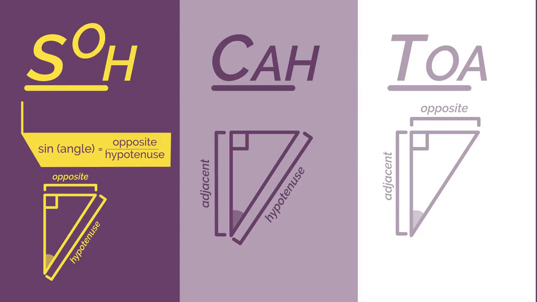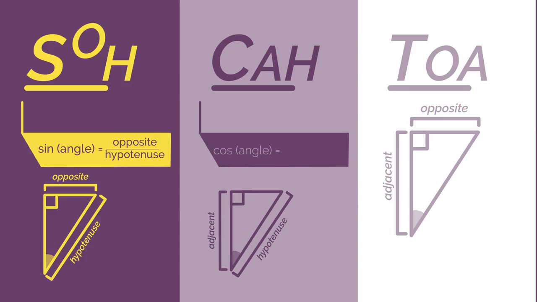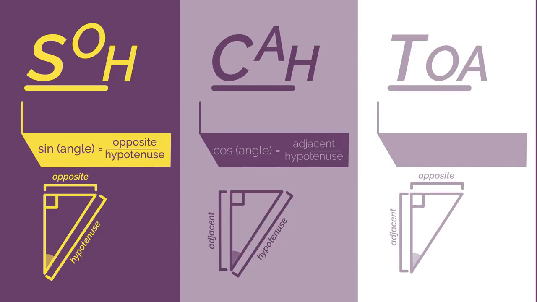You may want to write it like this to remember it is opposite divided by hypotenuse. And cos of the angle is adjacent divided by hypotenuse, hence CAH. So what do you think tan of the angle is? Hopefully you said opposite divided by adjacent, hence TOA. So we call it SOHCAHTOA to help us remember these three ratios.